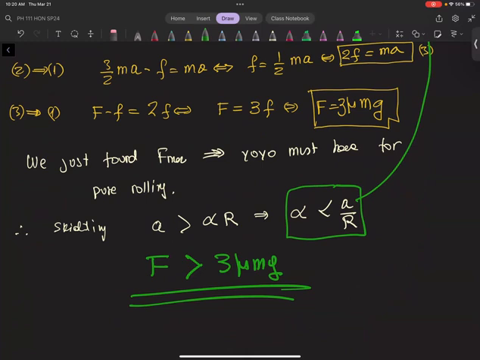If it is less than that, it's all good, because you will still have rolling, but you will not have rolling when A is greater than the angular acceleration over R. You guys with me? Take a minute to discuss it.